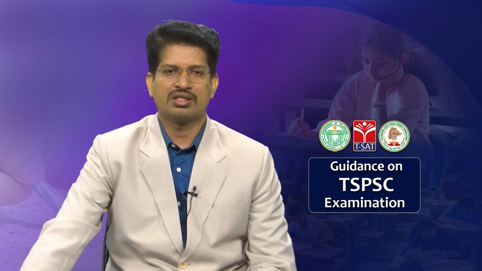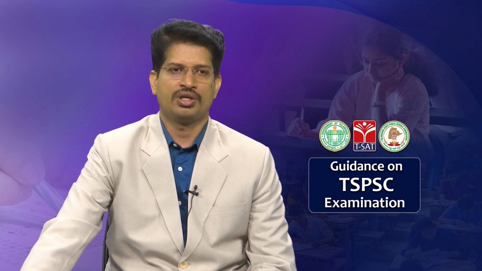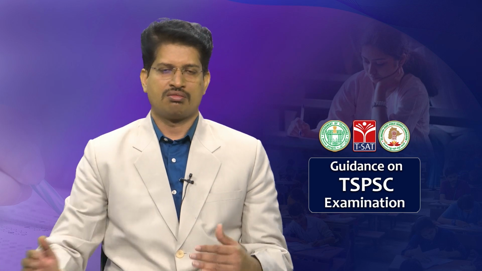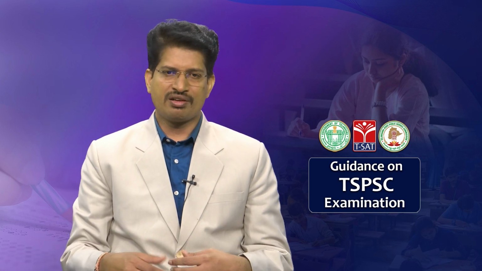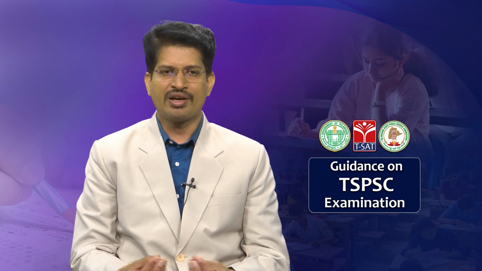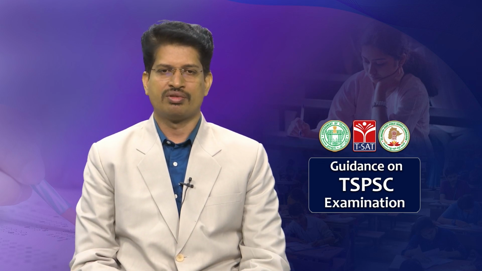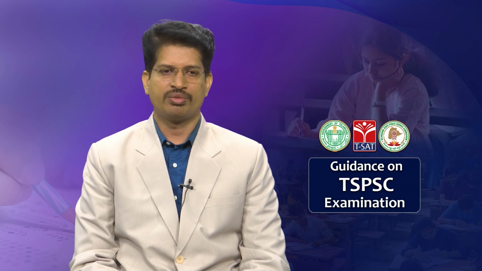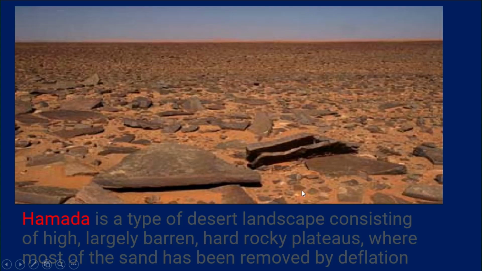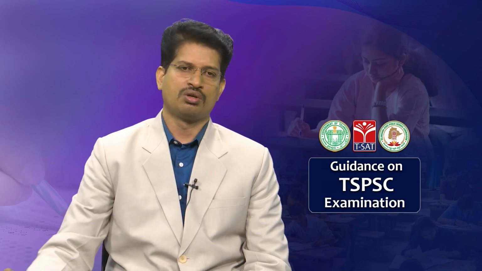This is known as a desert pavement. In the case of desert pavement, the finer particles of sand are blown away and pebble-like angular structures are left over in a desert. This feature is described as desert pavement. This is known as a hamada.